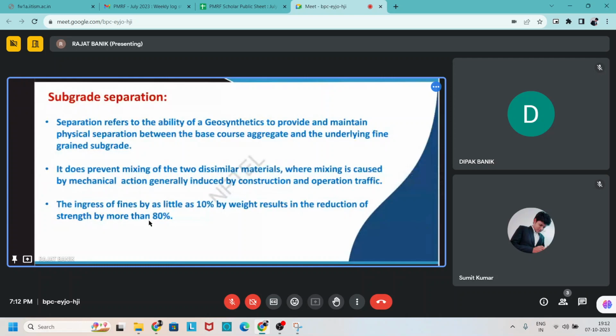And also it does prevent the mixing of the two dissimilar materials, where mixing is generally caused by the operation of the construction.